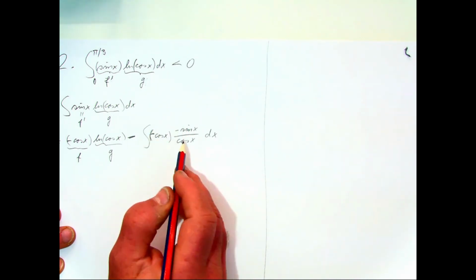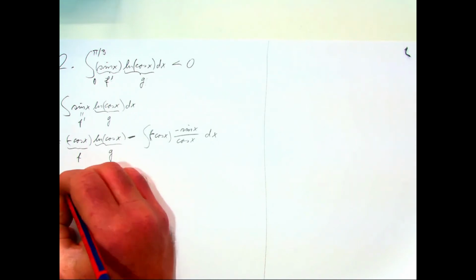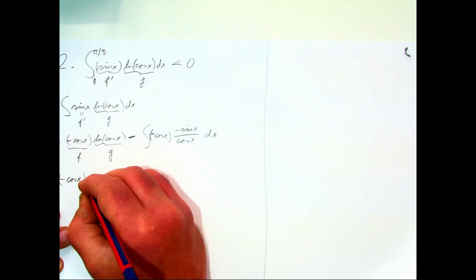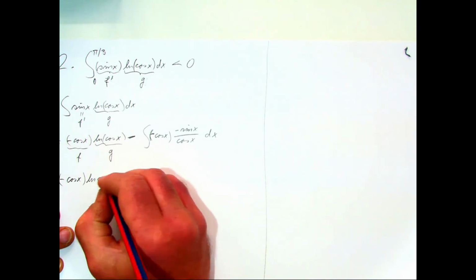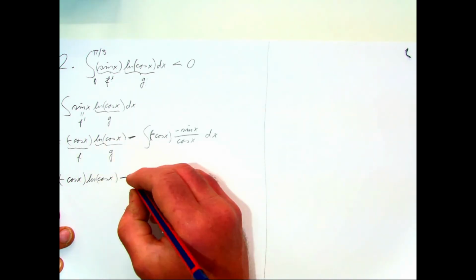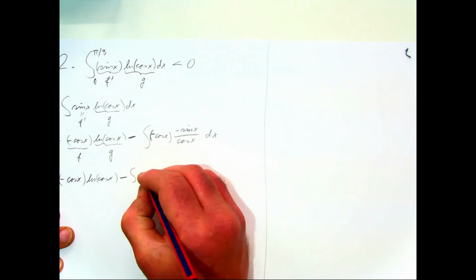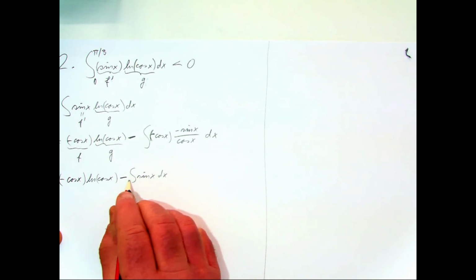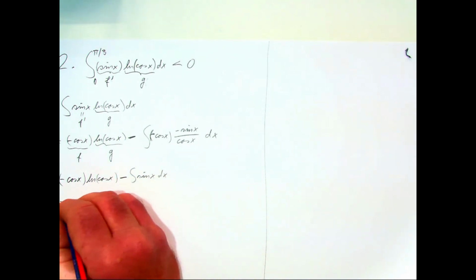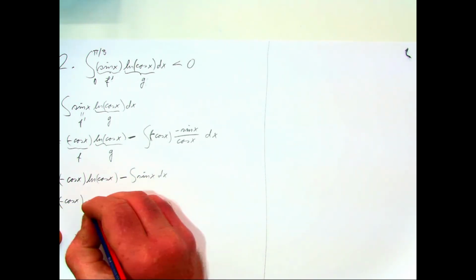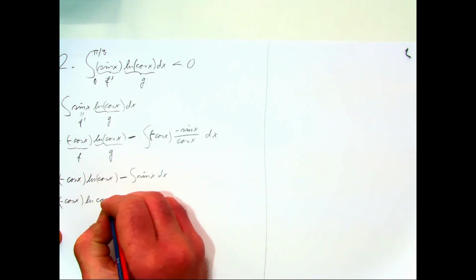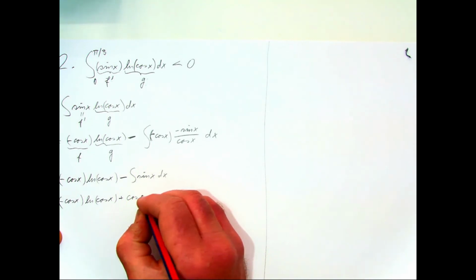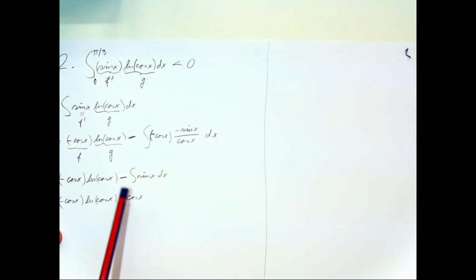So all I have here is only the sine. Minus sine x dx. This, of course, gives me the cos. So I have here minus cos x ln cos x plus cos x, because the derivative of cos is minus sine.